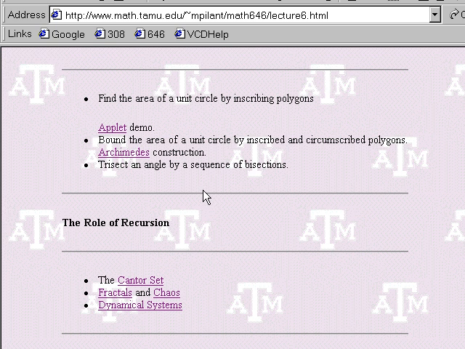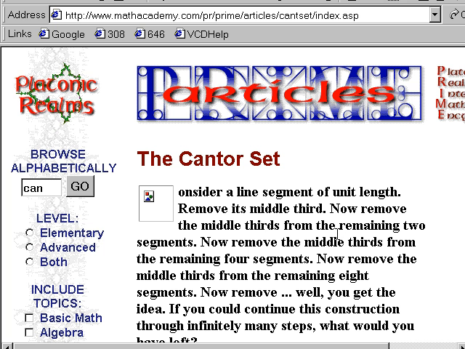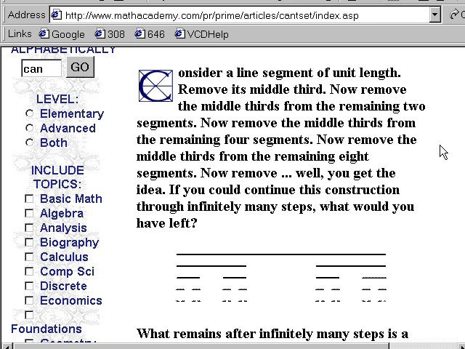Okay. Here is an example of a kind of exotic set, and now this comes under the title of recursion, and I'll explain what recursion is after I go through the Cantor set. Now the Cantor set, as you may know, is a set that was constructed that essentially was almost empty, but nevertheless had some very interesting properties.